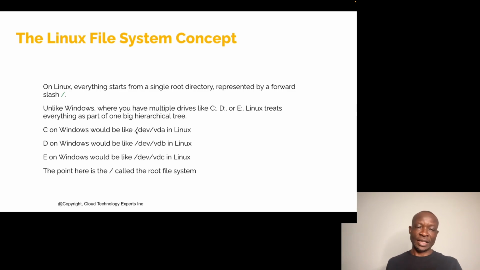In Linux, as you can see here, everything starts with /dev, then vda for the first hard disk, second will be /dev/vdb, and then the third hard disk could be something like /dev/vdc.